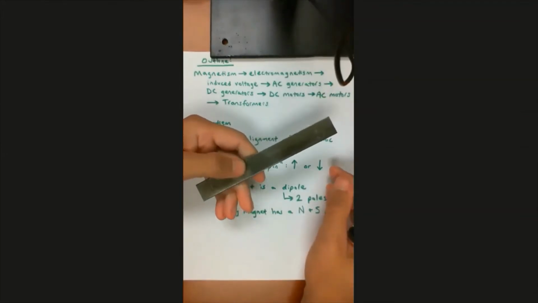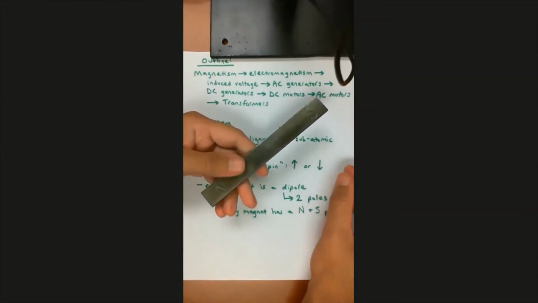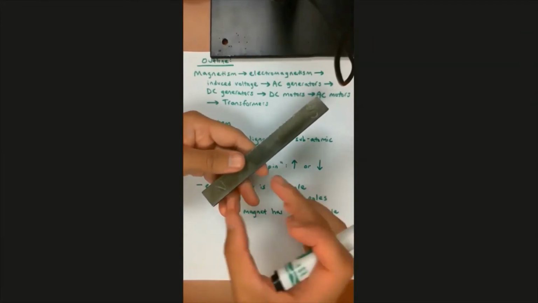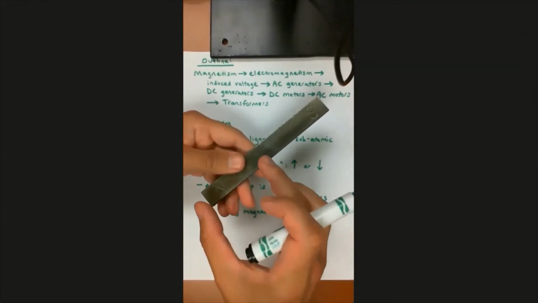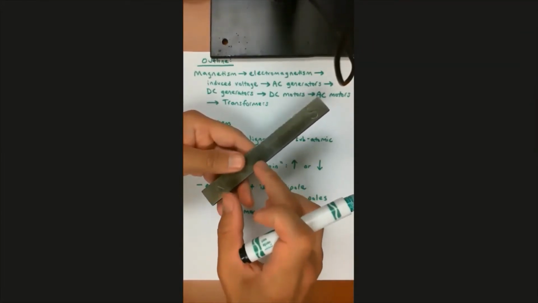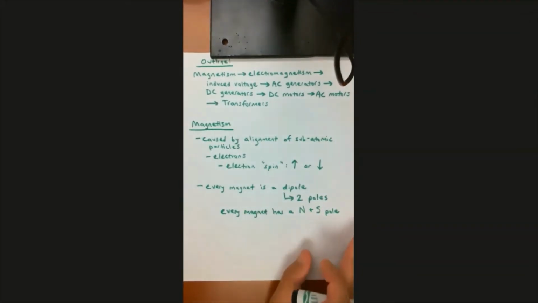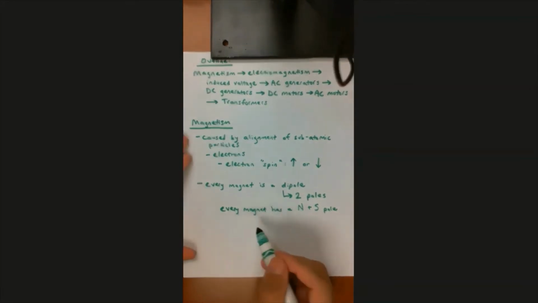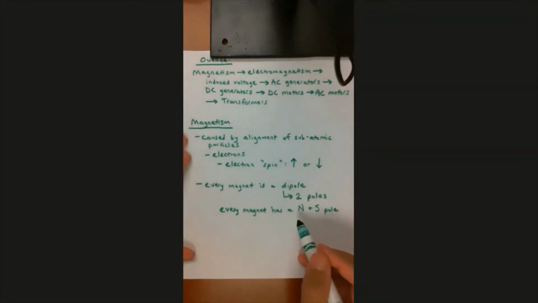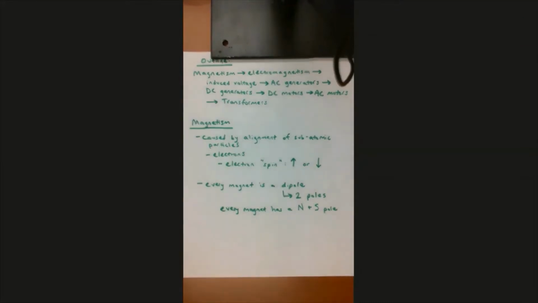Well, what would happen is now I've got 2 bar magnets, and each one has a north pole and a south pole. So this half would have a north pole and a south pole, and this one would have a north pole and a south pole. So in the real world, in practical applications, every single magnet has 1 north pole and 1 south pole.